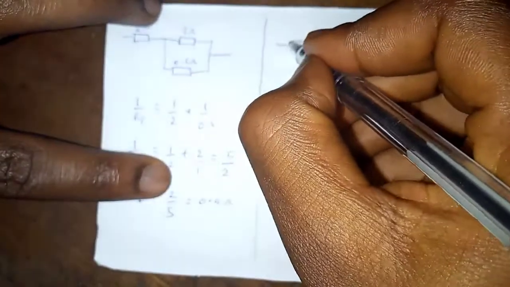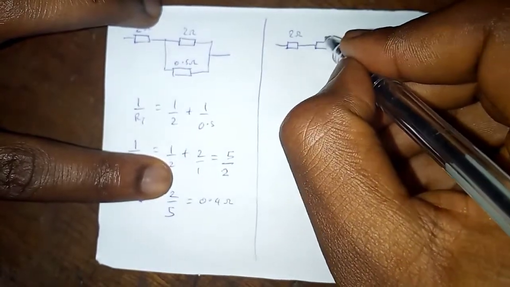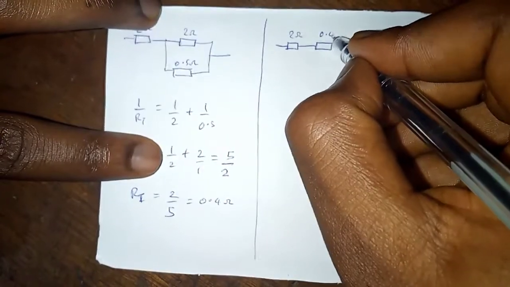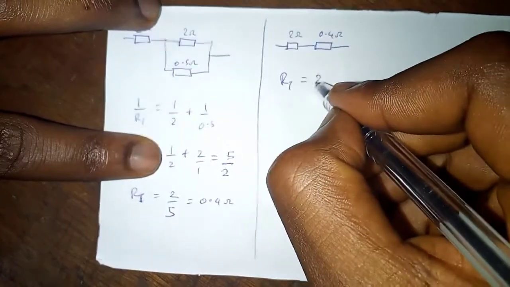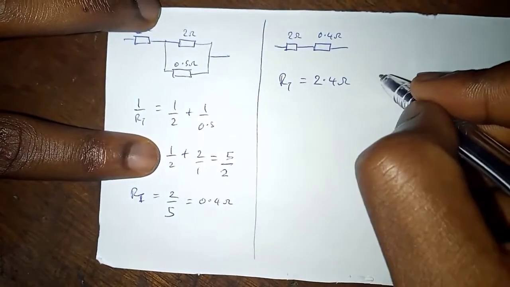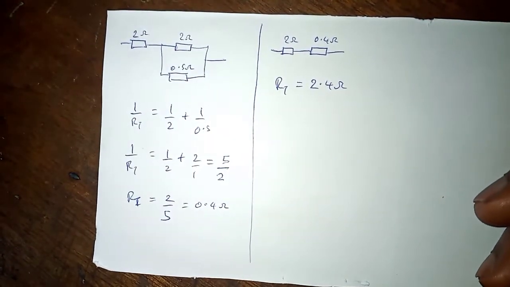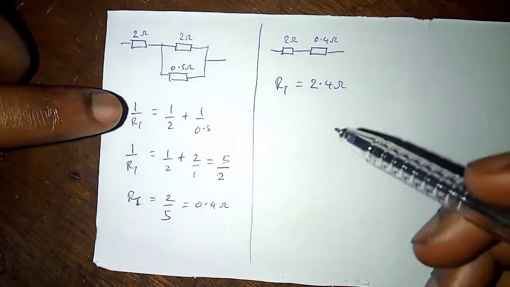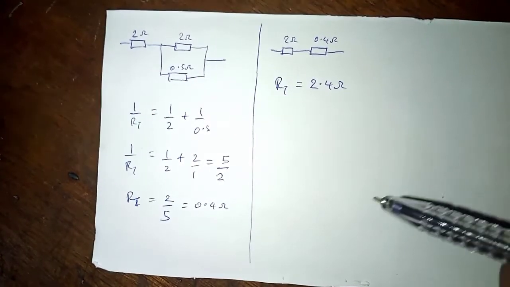So we have 2 ohms in series with 0.4 ohm, and this totally gives us 2.4 ohms. More resistances can be added together in this form in more complex manners, but this is the basics.